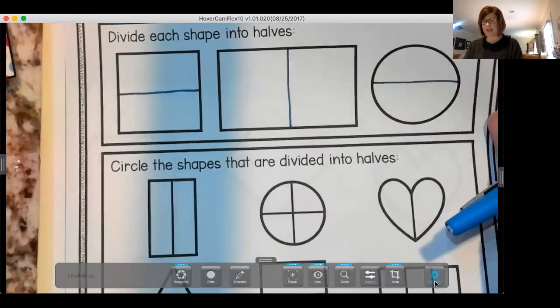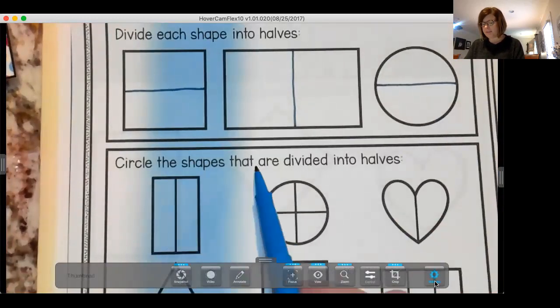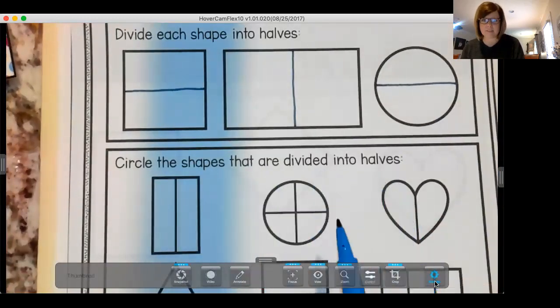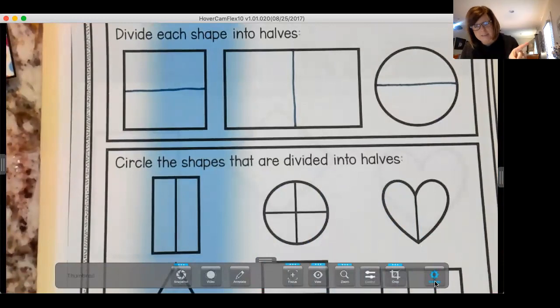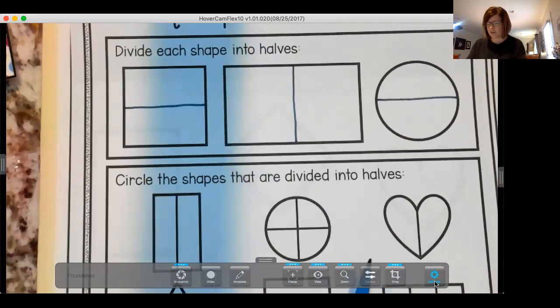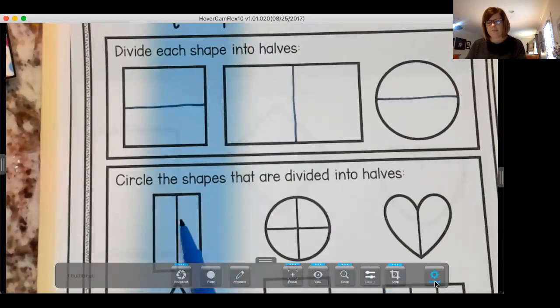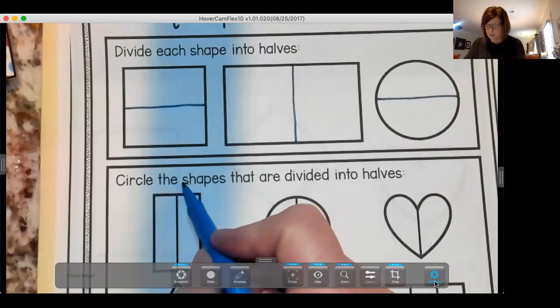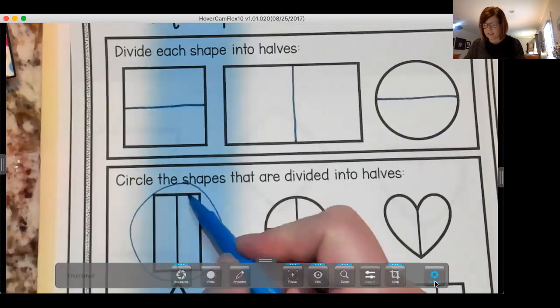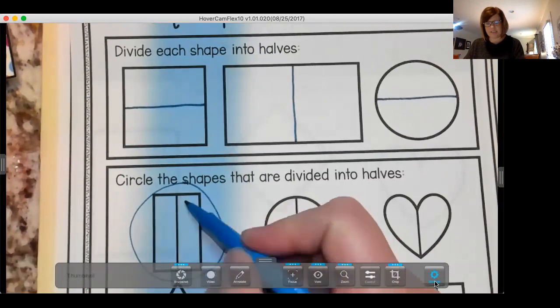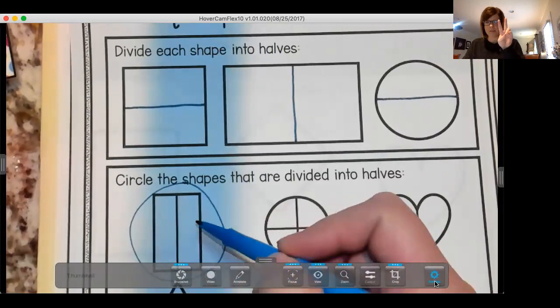All right, it says, circle the shapes that are divided into halves. They could be equally divided. That was yesterday, okay? They're all the same size. Today, we're working with just two parts, all right? So let's look at this first picture. Is this a half? Yes, so I'm going to circle my picture because I can look at this rectangle and see it's been split into halves, two pieces.